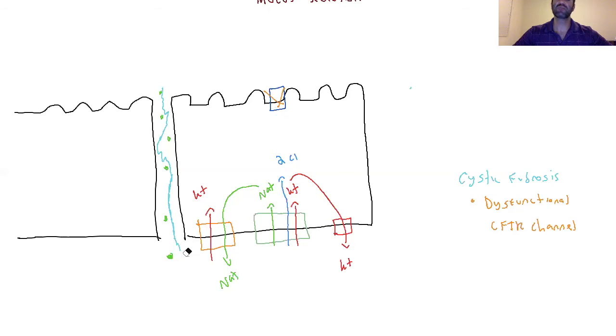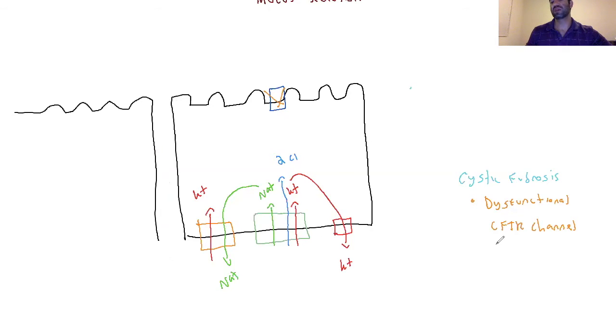And if you don't have movement of the chlorine, then sodium is not going to be dragged along. If sodium isn't dragged along, then you're not going to have the osmotic gradient that's going to pull along water.